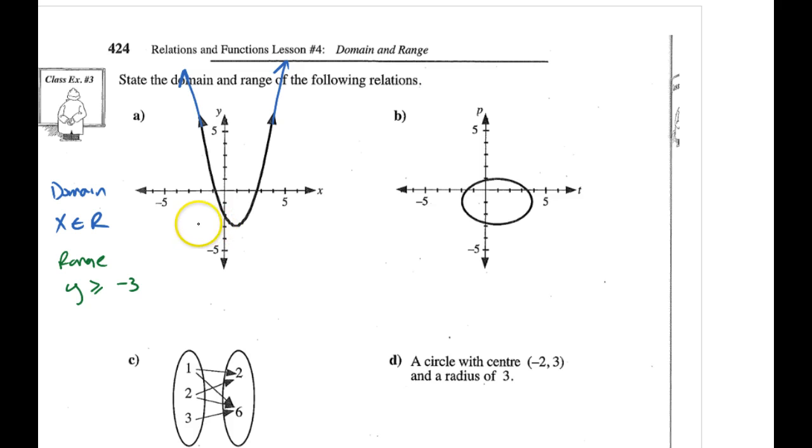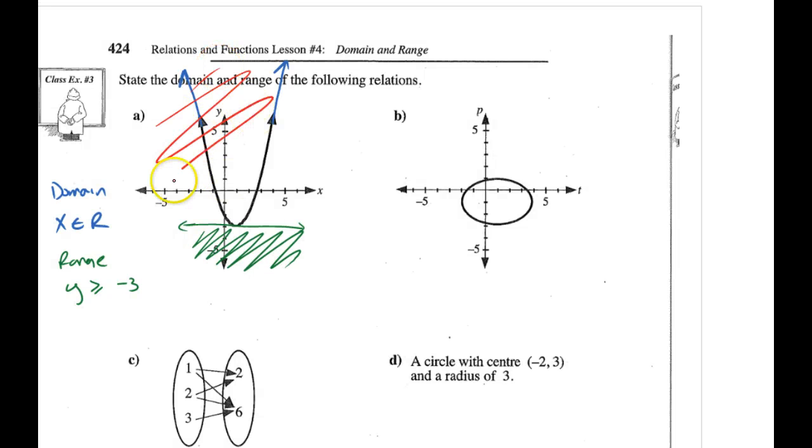Again, as opposed to a ceiling, we have a bottom here. Anything below this is not a possible value of y. Anything above is okay. So anything above negative 3 works. So we say y can take on any value greater than negative 3.